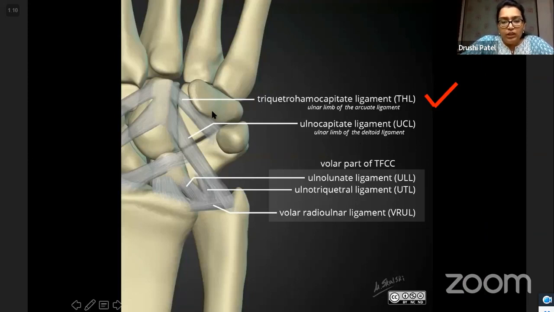Whereas on the ulnar aspect, there is one from the capitate to the triquetrum, and then it goes forward. There are small parts of the ulnolunate and triquetral that are also there, so it blends there. So from the triquetrum, hamatocapitate, that is the THC ligament.